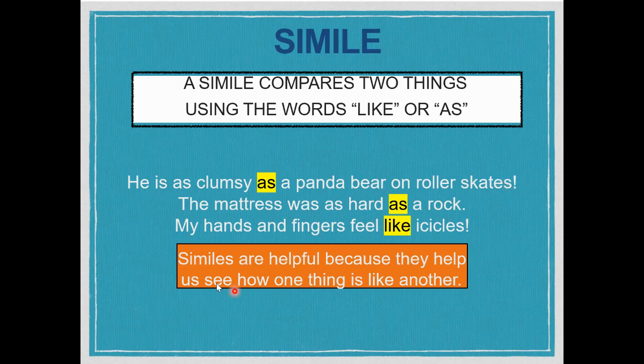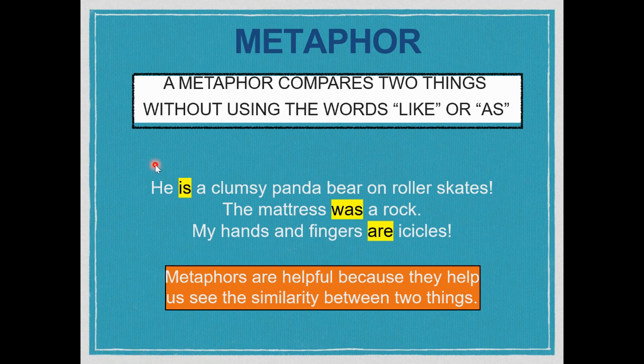Okay. So similes are helpful because they help us to see how one thing is like another. Very similar to metaphors. But a metaphor is different because it's still a comparison of two things that are probably not seemingly related to each other, except that they have something in common, obviously. And in order to tell you how they're alike, we are not going to use the words like or the word as.